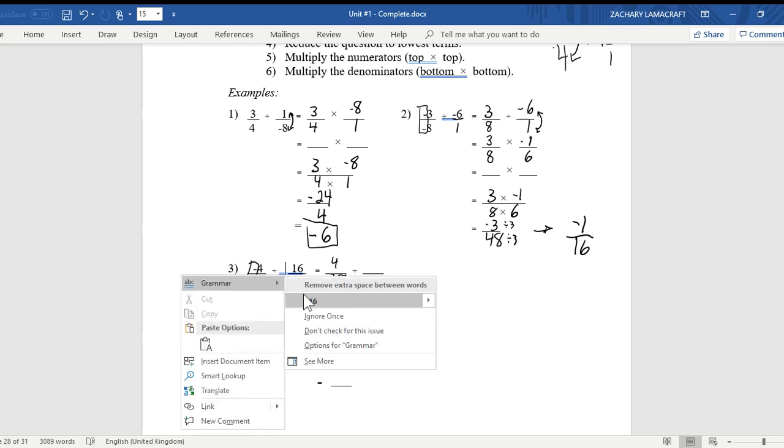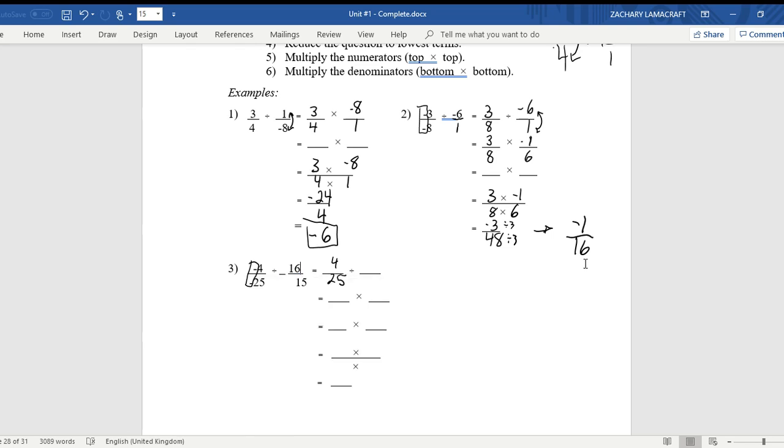And then we have negative 16 over 15, so negative 16 on top over 15. But since it's division, we need to flip these, giving us 4 over 25 multiplied by 15 over 16. And remember, we always keep that negative on top.